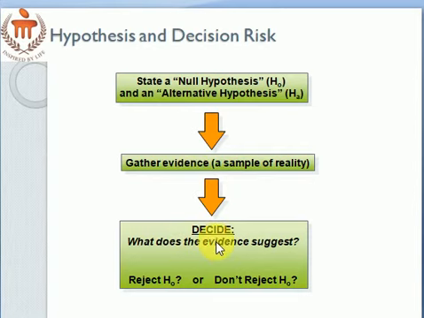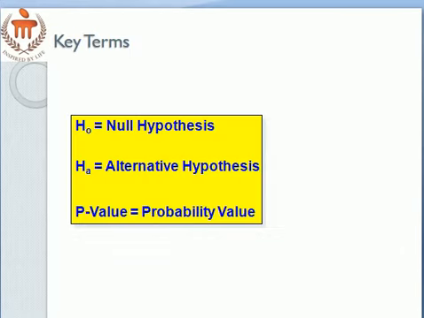So let me show you some examples of the first step, the null hypothesis and alternative hypothesis. In most books, and in most companies where you are working, H naught is denoted for the null hypothesis and HA for the alternative hypothesis.